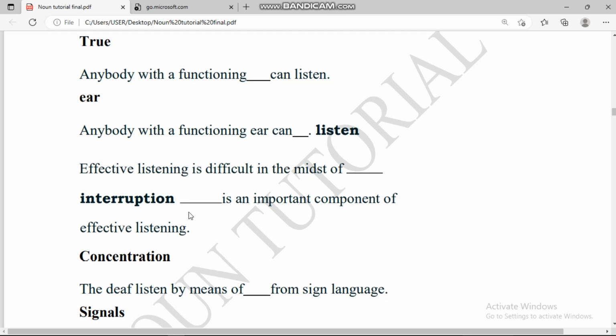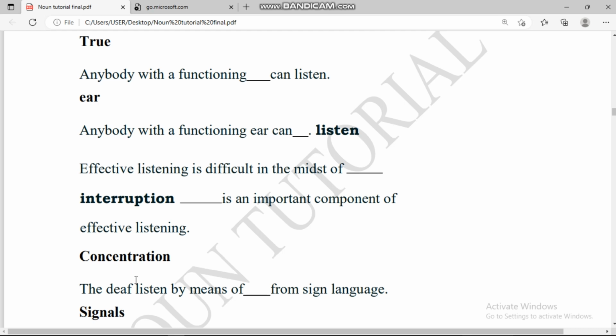The answer is interruption. So this question said dash is an important component of effective listening. The answer is concentration. This from here down is a different question. Interruption is the answer to effective listening is difficult. Then dash is an important component of effective listening. The answer is concentration.